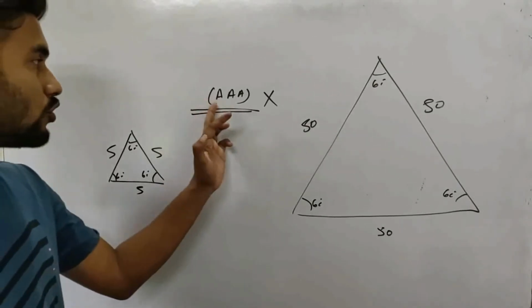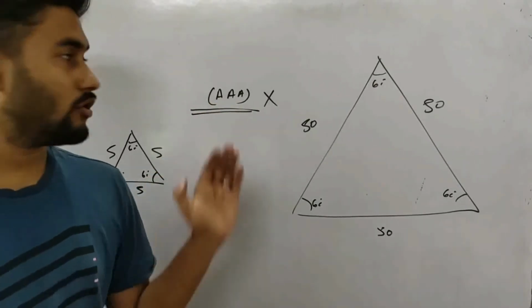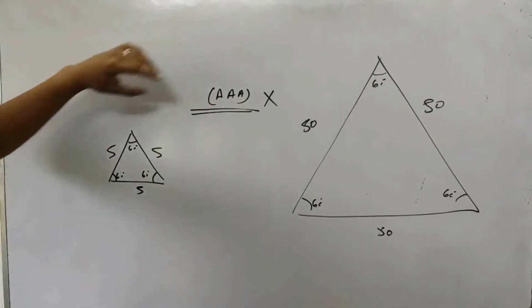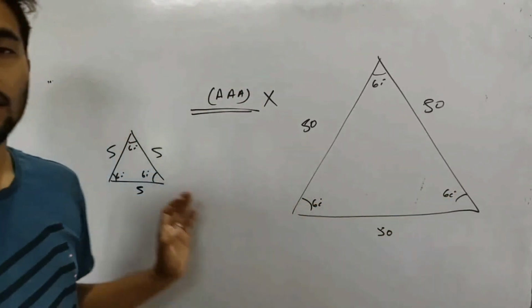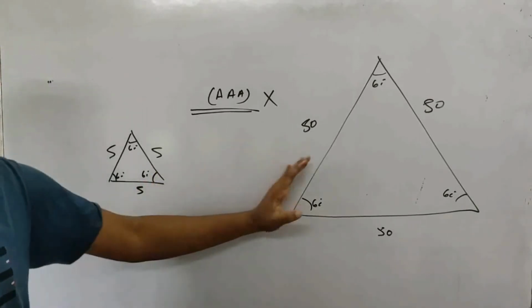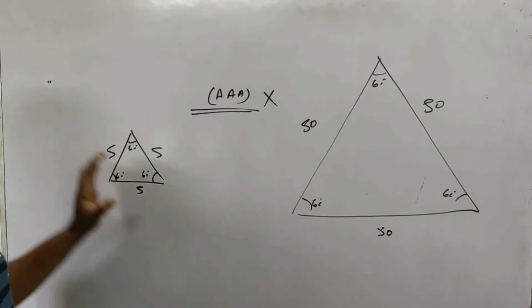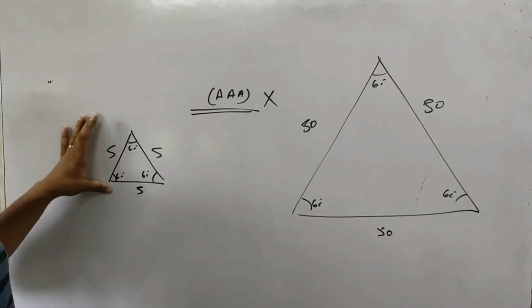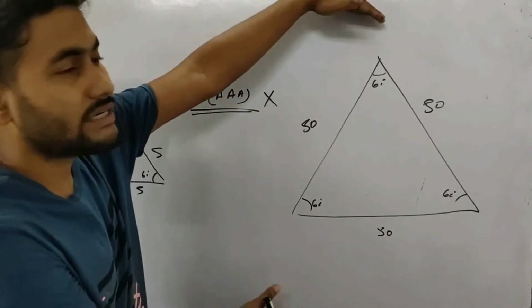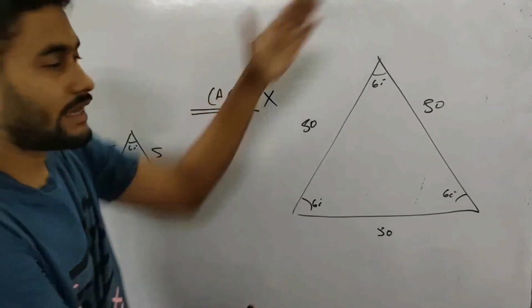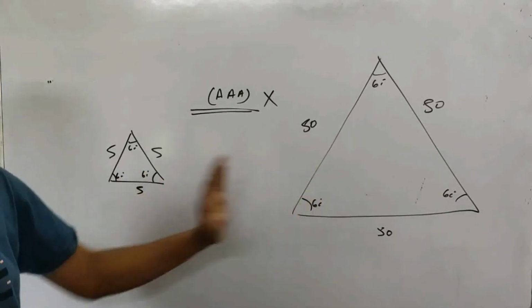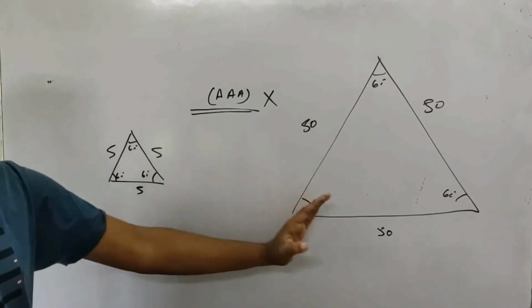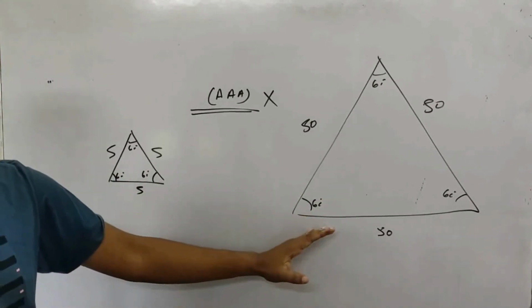So if you show that all the angles are equal, this angle equal to this angle, this angle equal to this angle, then it is not sure that the triangles will be congruent. See, this is such a small triangle, 5 centimeter, and this is such a big triangle, 50 centimeter. Do these two triangles even look similar? 110% we can say by looking that these two triangles are not congruent.